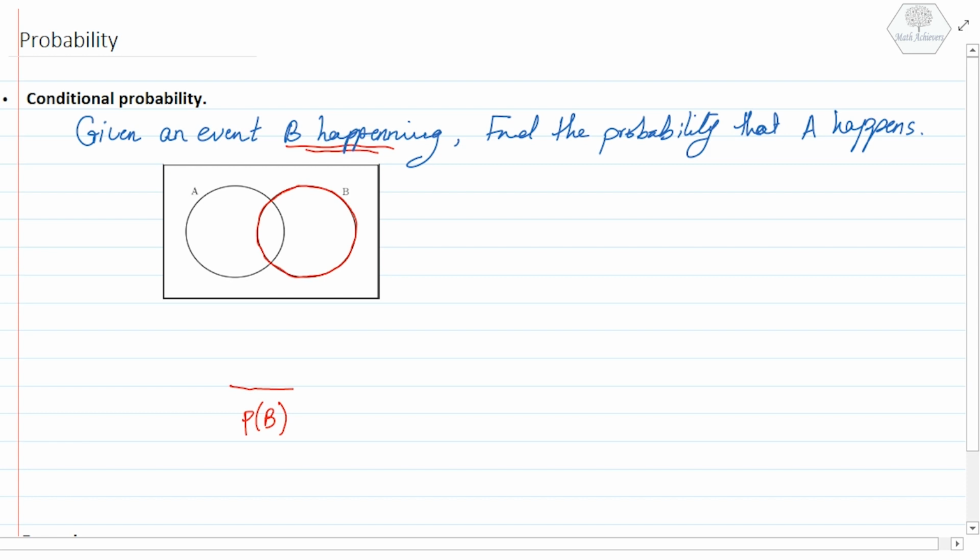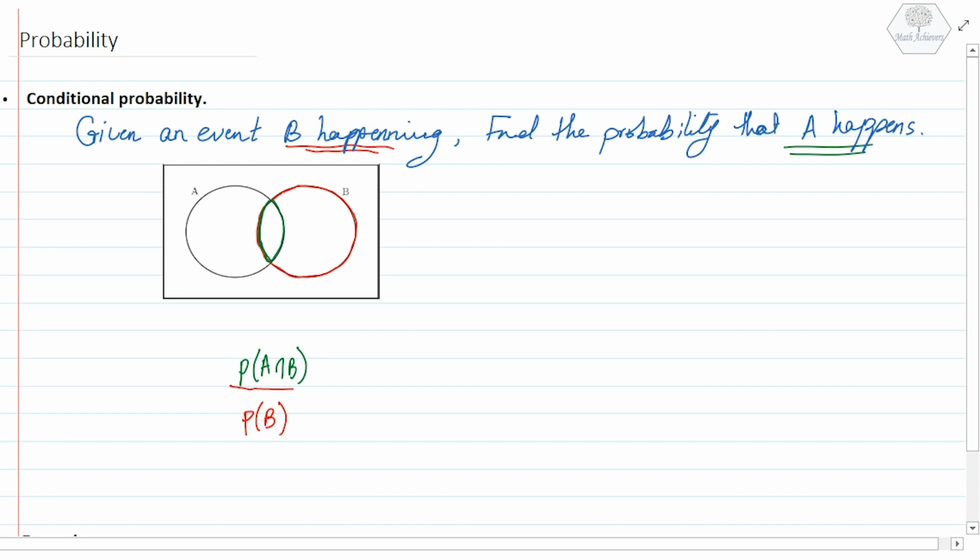In this probability of B, I want to find out the probability that A happens as well. So, in this probability of B, where is the probability of A happening as well? It is this area, the intersection between A and B. So I have the probability of A intersecting B. This is called the conditional probability.